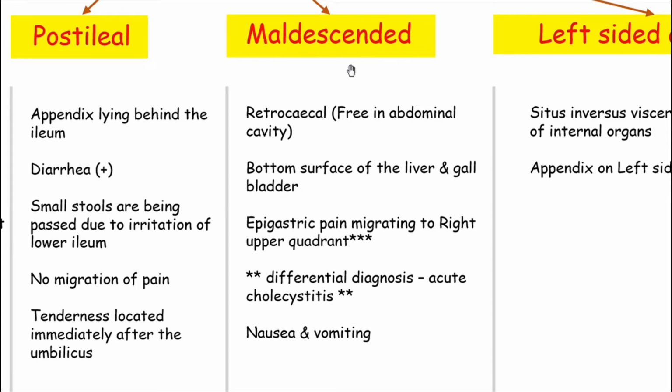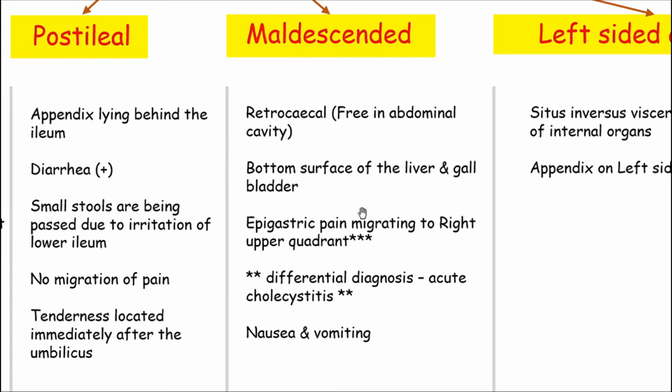From the name subhepatic, you can remember that it's something in contact with the liver. Since the appendix is located at the bottom surface of the liver or the gallbladder, that region is the right upper quadrant.